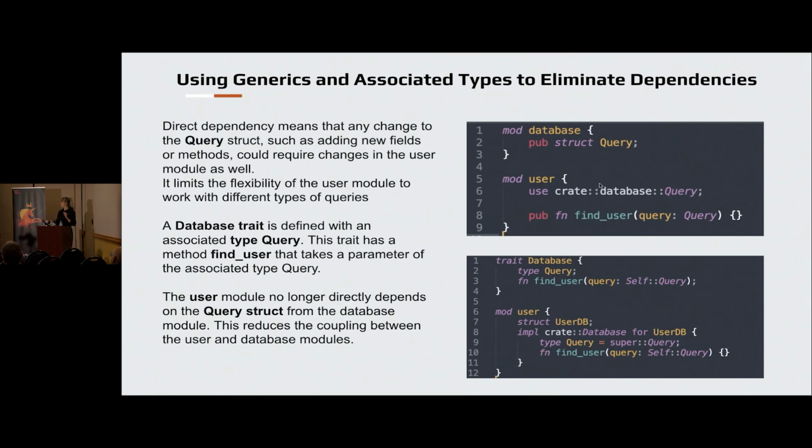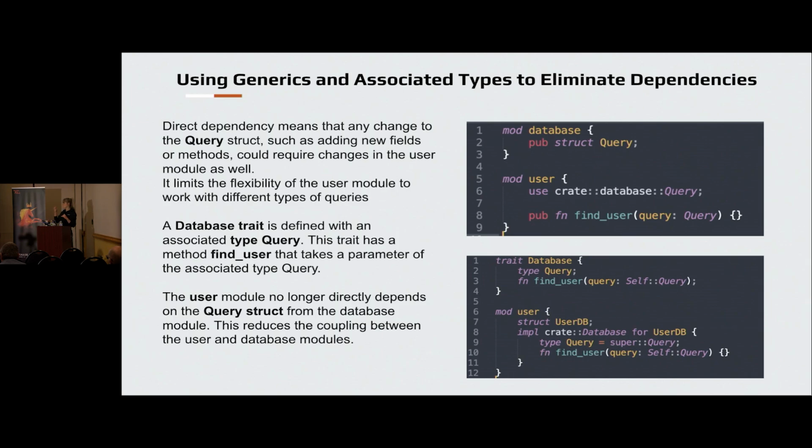In this example, you have a simple module user that basically uses the query from the database module. And then let's say you want to make some modification. It's pretty hard in the first example to make it adaptable for other code requirements moving forward. For the second example, I add a generic for my trait, so I will create a trait Database, I will create my find user method, or function, and then in my module, I will just reuse it.